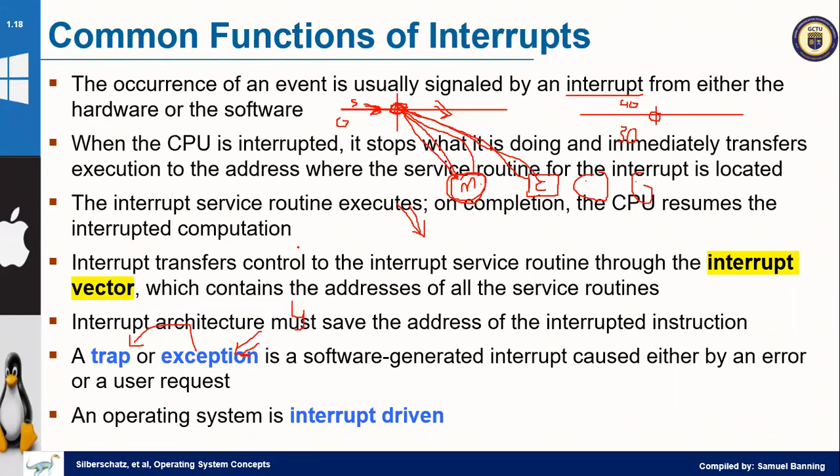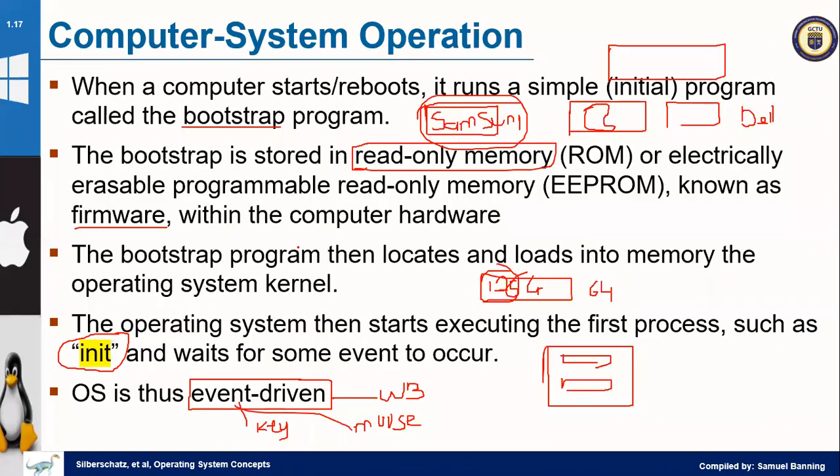Now, if you understand what I am saying, let's go back to this slide. We said here that an operating system is event-driven. That means the operating system will always wait for an event to occur before it will act. Some of these events are key press, key down, key up, mouse move, mouse click, and all that.